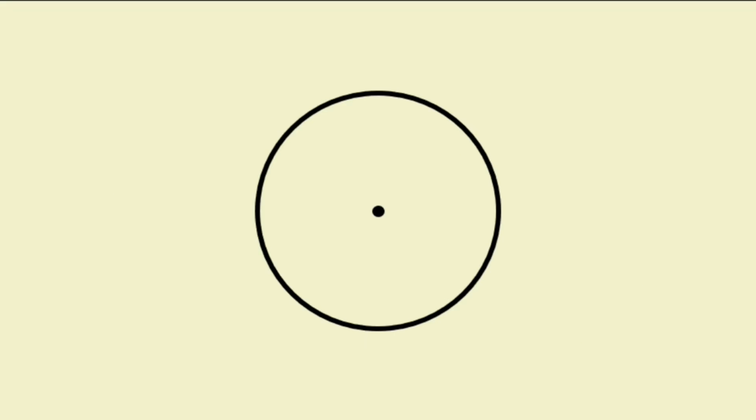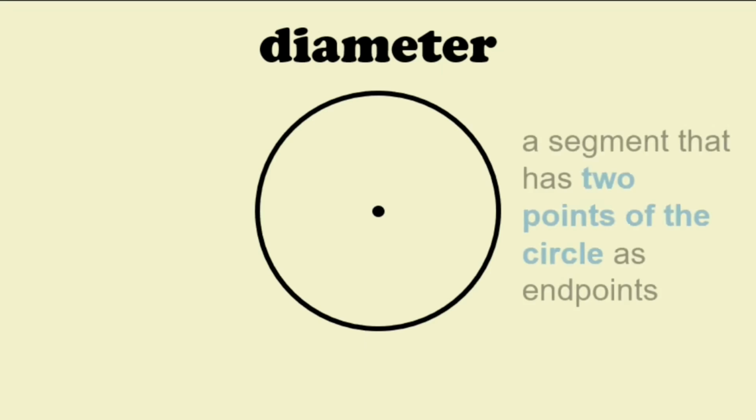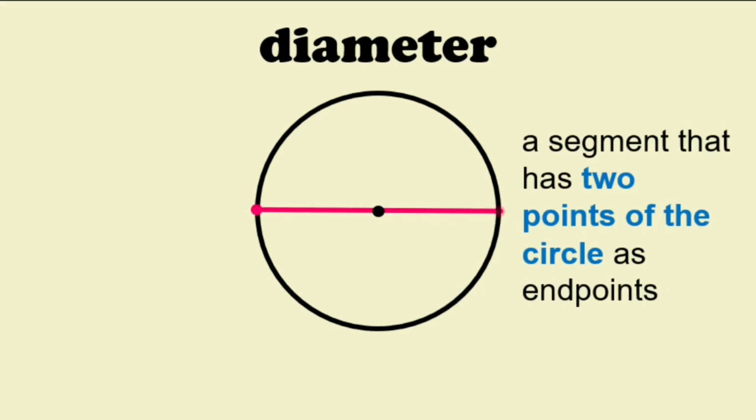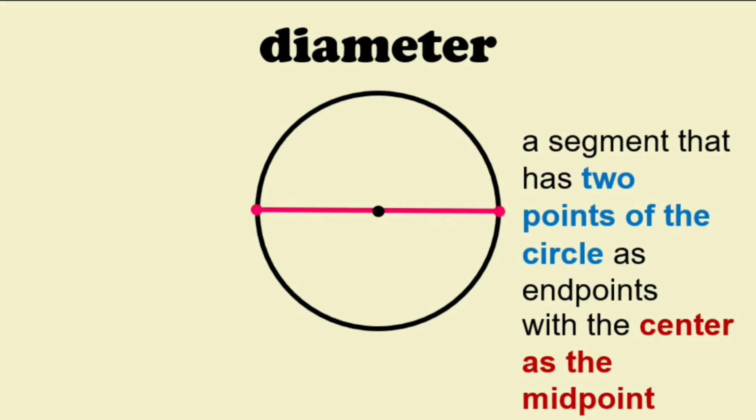Another part of a circle is the diameter. The diameter is a segment that has 2 points on the circle as endpoints, with the center as the midpoint. What do you think is the distance of the diameter in terms of its radius?